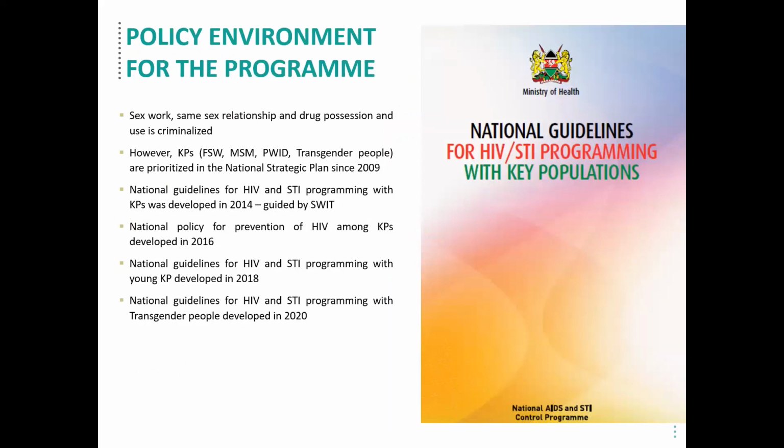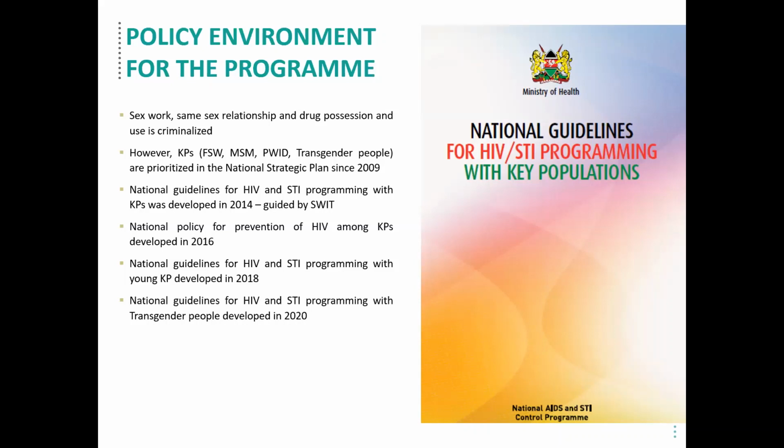Our policy environment for the program: sex work, same-sex relationships and drug possession and use are criminalized in this country. However, the key populations for us, who are the FSW, MSM, PWID, and transgender people, are prioritized in the National Strategic Plan since 2009. The National Guidelines for HIV and STI Programming with key populations was developed in 2014.